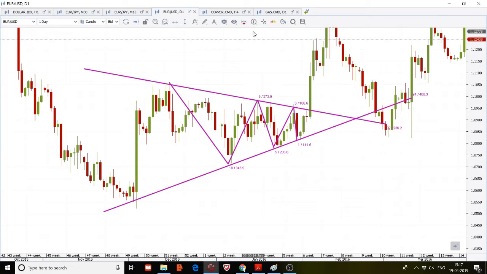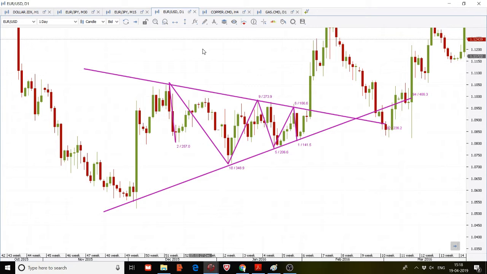So you can use this contracting triangle pattern with any of your existing trading strategies. Then, as I have shown in the guidelines, each wave can show a corrective structure in itself, and this is called the corrective structure.